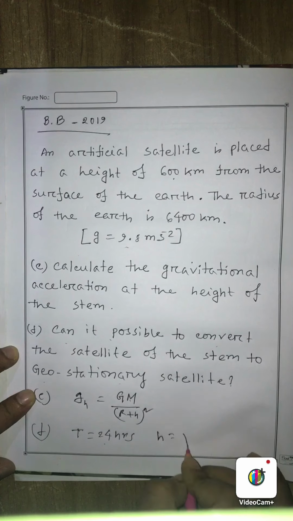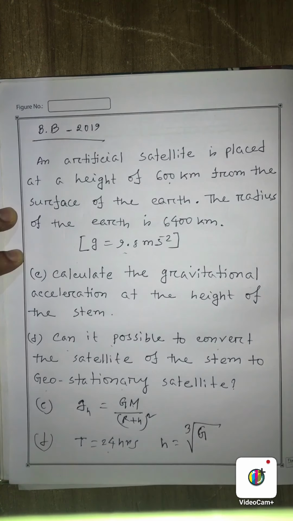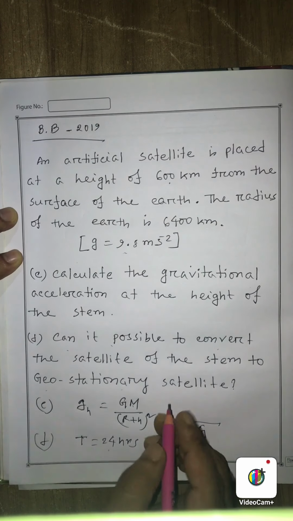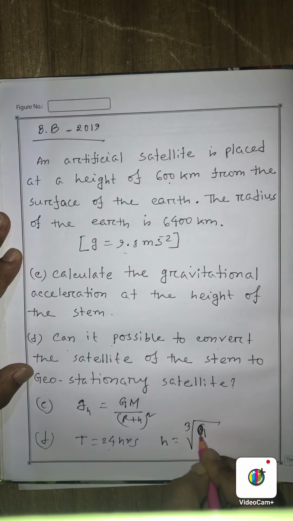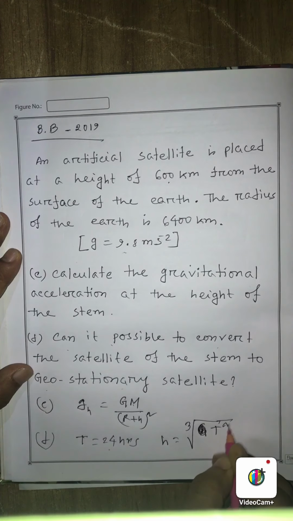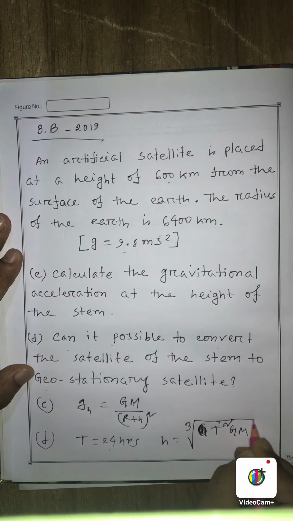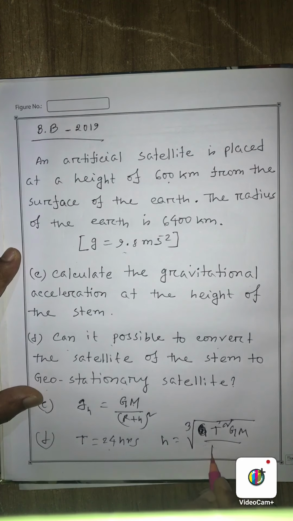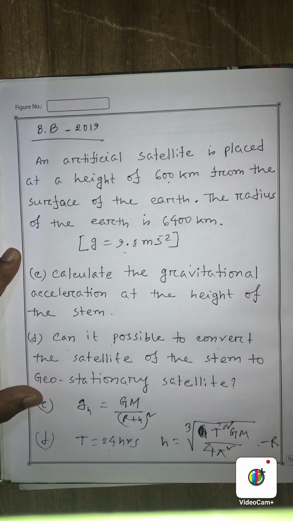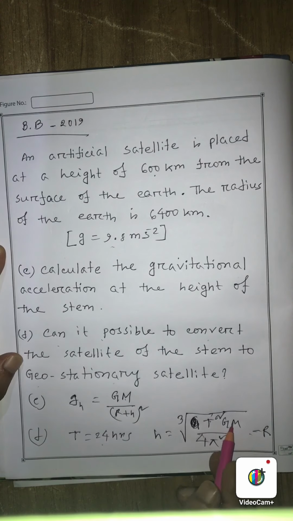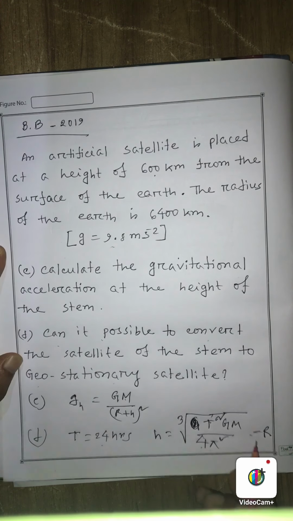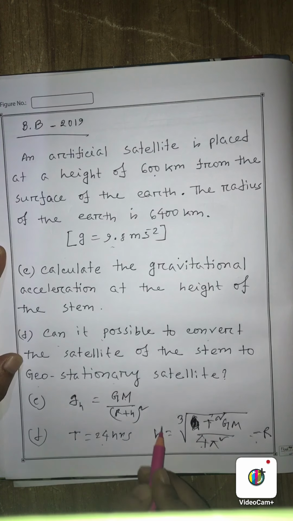H is cube root of T squared GM divided by 4π squared, minus R. By using this formula, we calculate the height.